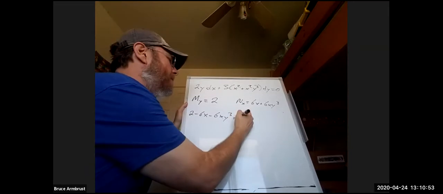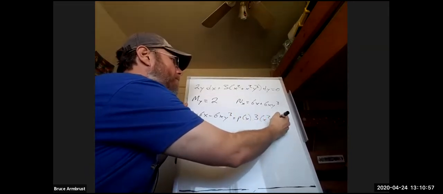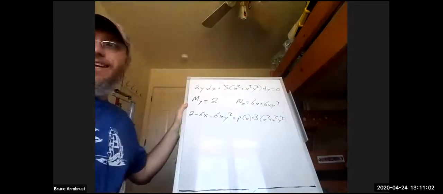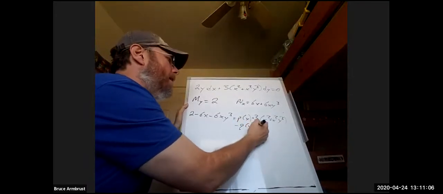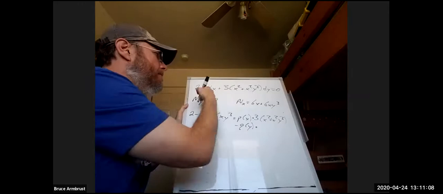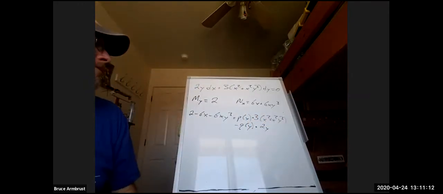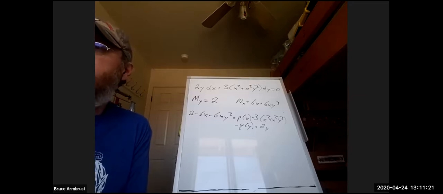And we want that to be some function of x times 3 times x squared plus x squared y cubed. That's our P of x times N. And then minus some Q of y times the other one, which is 2y. So this is how we want them to start. We cool with that?